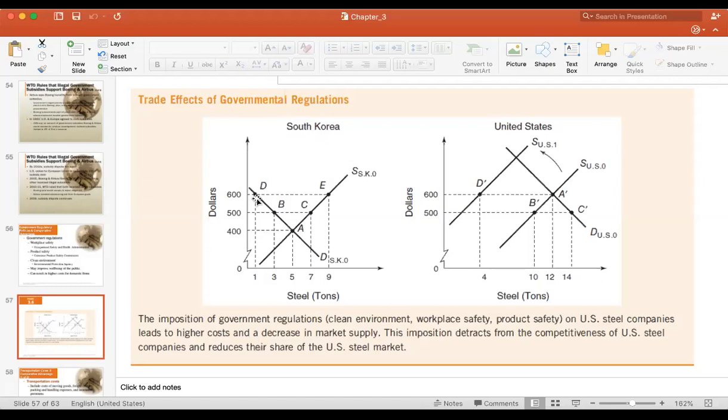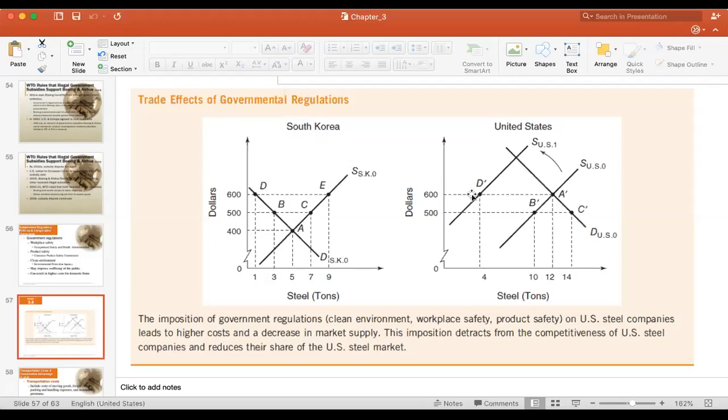Okay, at 600, this is the demand and this is the supply. So at 600, Korea will produce 9 million tons. At 600, they will only consume 1 million. So what's the difference here? 8 million. So South Korea hopes and expects to export 8 million. But wait a minute.